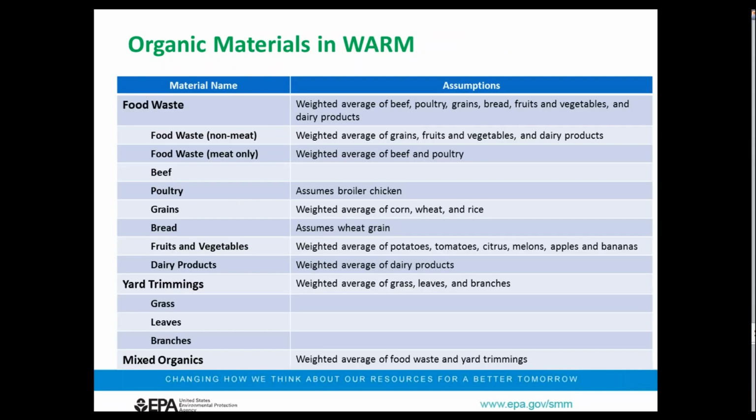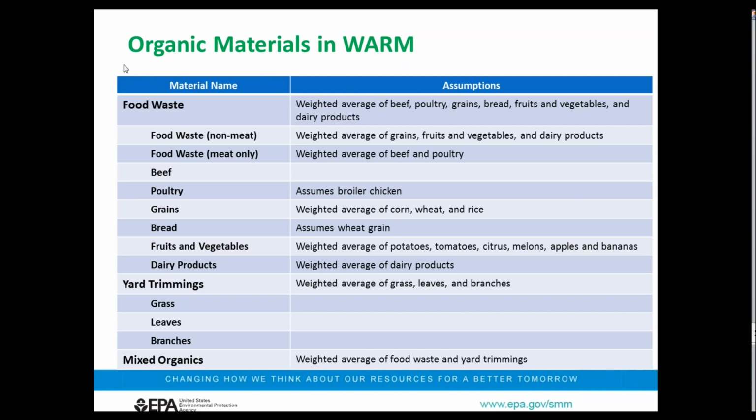So this is an overview of the organic materials in WARM. The three major groupings that you can see here, food waste, yard trimmings, and mixed organics, are shown. For food waste, each row really represents a row that's within WARM. So we have an average food waste factor, and that's a weighted average of all of the specific food types that are shown below.